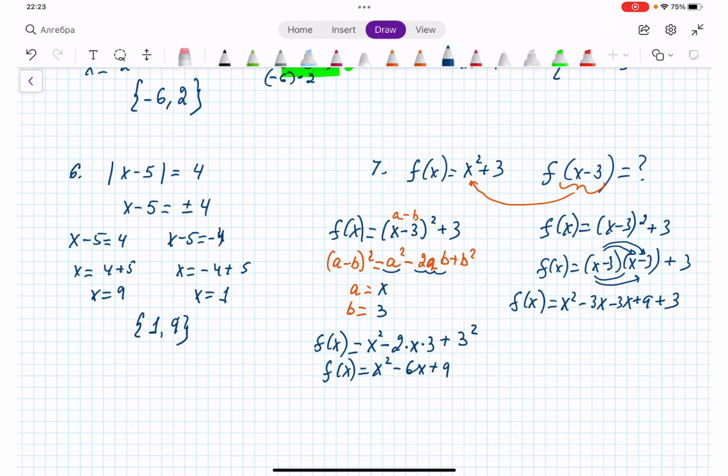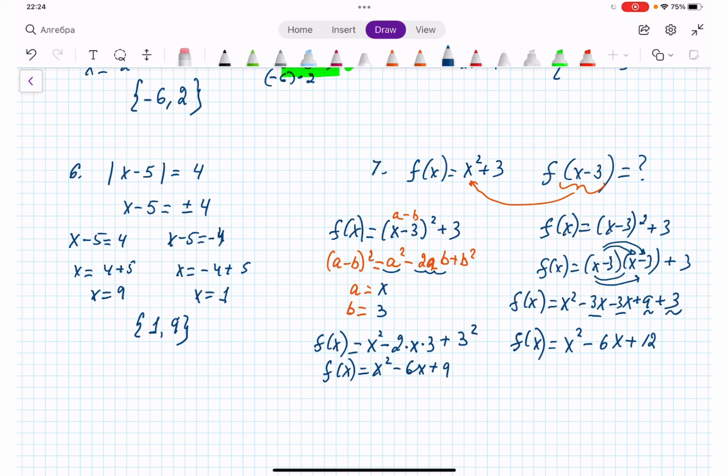Okay, let's combine like terms. f of x is equal to, so these two are like terms and these two are like terms. So we get x squared, negative 3x minus 3x is negative 6x, and 9 plus 3 is going to be, sorry, actually no, 9 plus 3 is going to be 12.